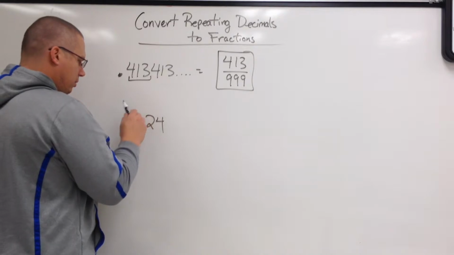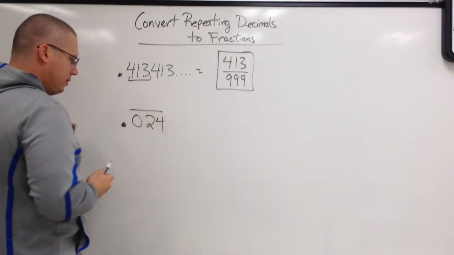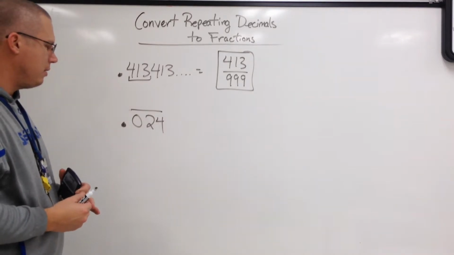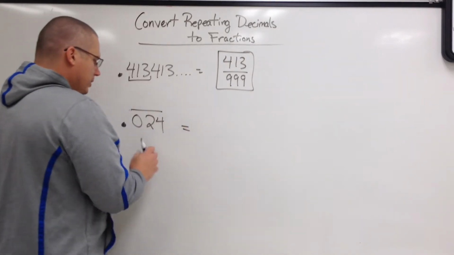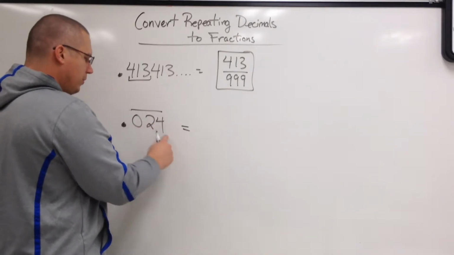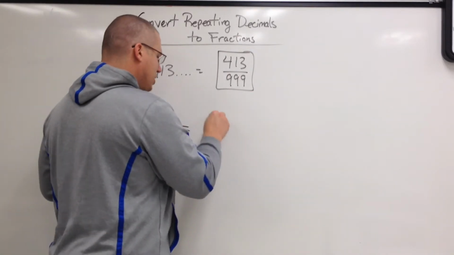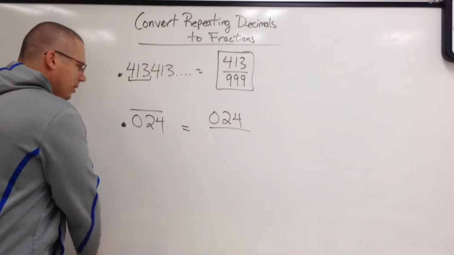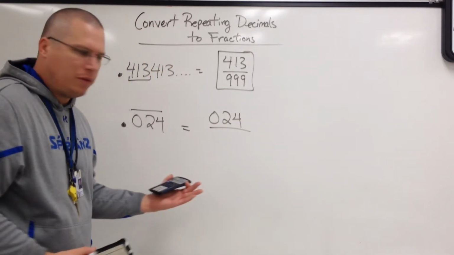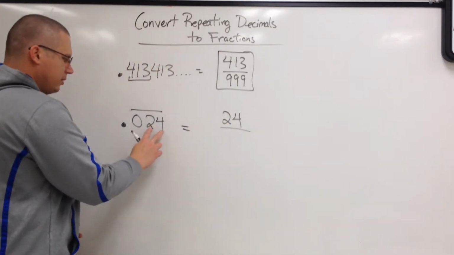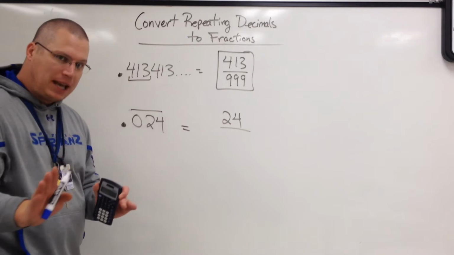0.024 repeating. Okay, here we go. Take my repeating pattern, 0, 2, 4, 0, 2, 4, 0, 2, 4, goes in the numerator, 024. Now watch what happens. Typically, you don't put the 0 in front of the 24, so what we would do is erase that. This is 24, but you have to be careful.